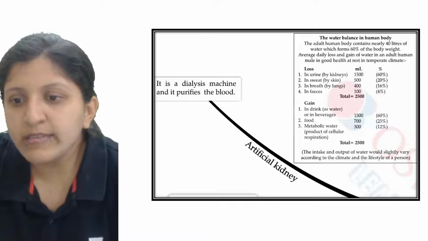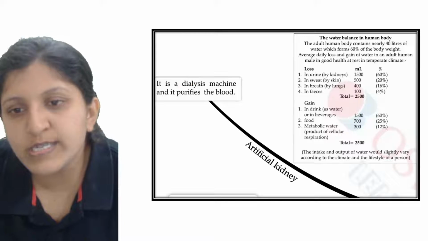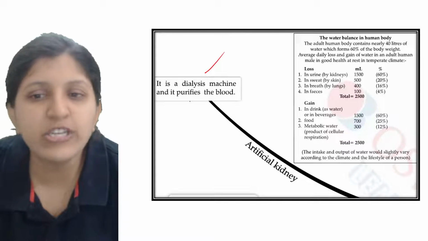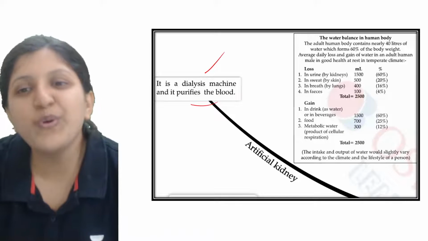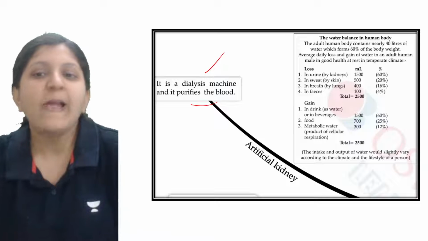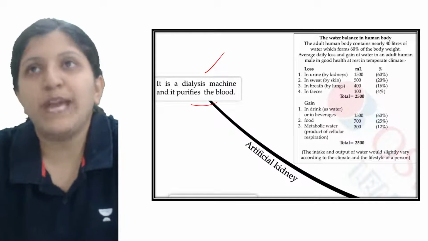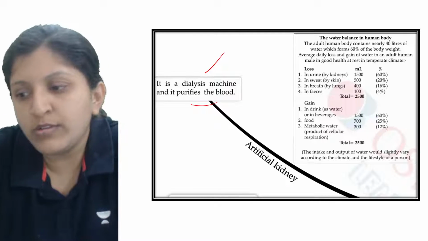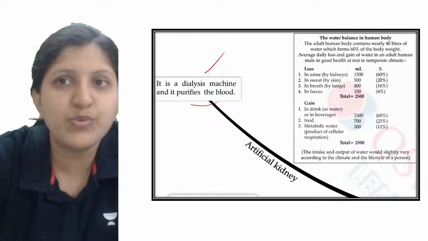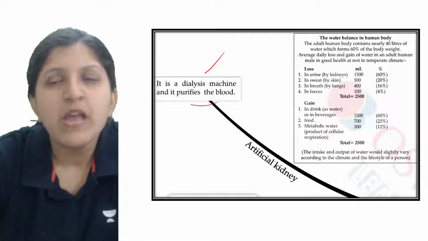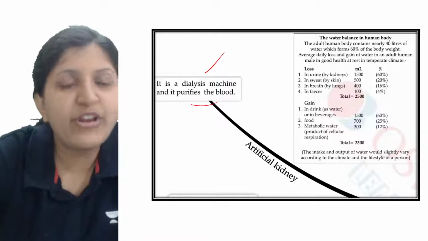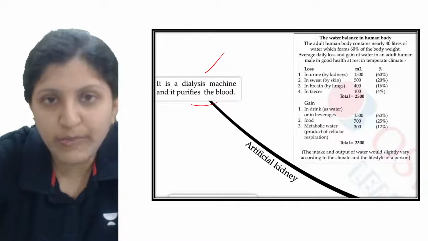And the artificial kidney is basically a dialysis machine, which purifies the blood. This dialysis has to be done twice a week, for 9 to 12 hours, so that complete filtration of your blood is done.